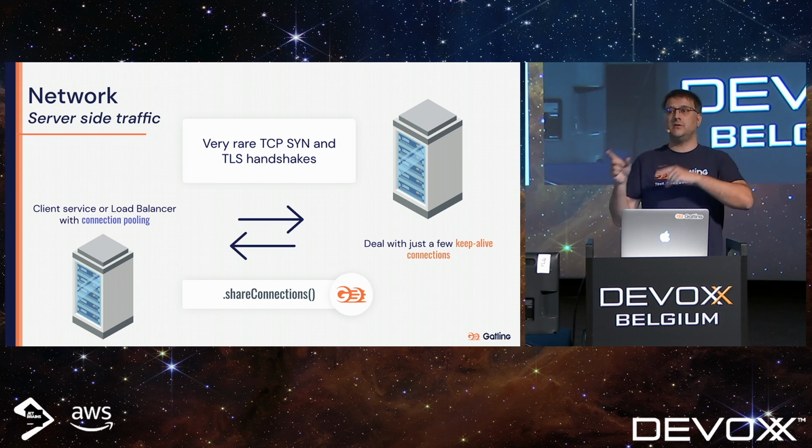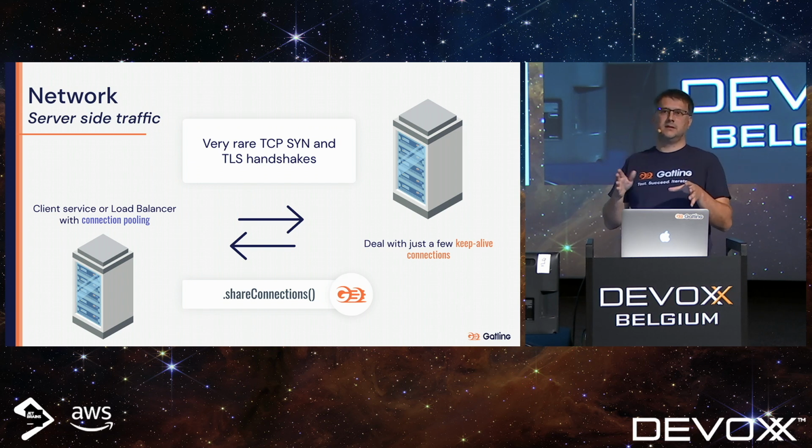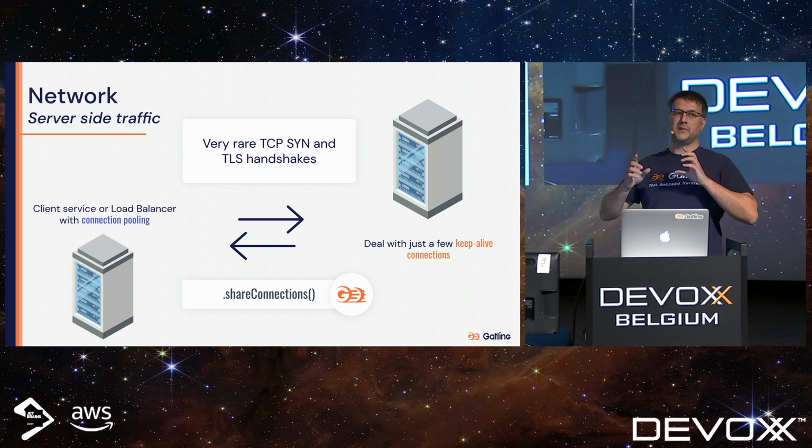In this case, the user agent is very likely to have one single shared connection pool, and it will just open a few connections. Maybe it's just clear HTTP, so no TLS handshake, and keep those connections alive. So in this case, the network impact is way smaller than in the first case.